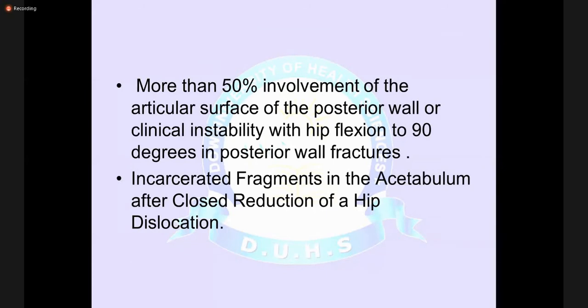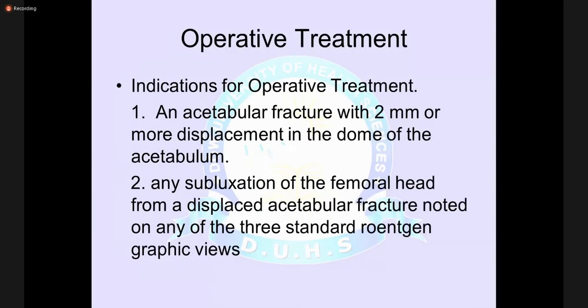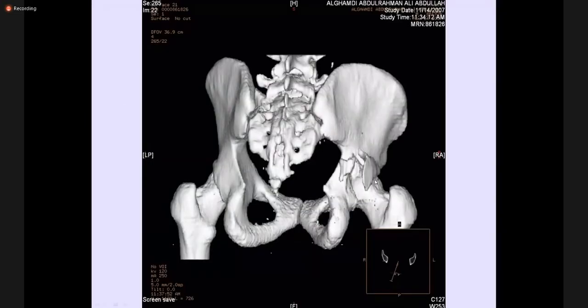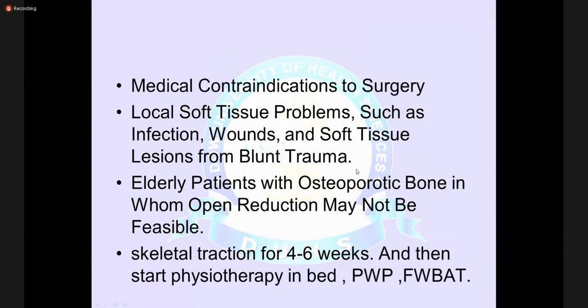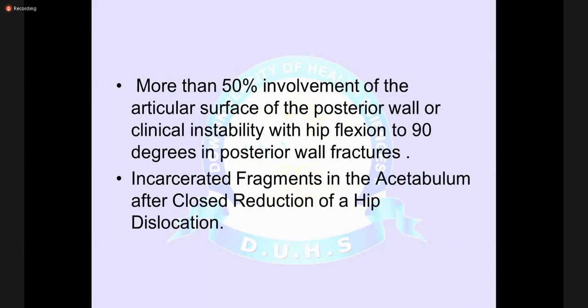If the fracture involves more than 50% of the articular surface of the posterior wall, as visible in this X-ray, this is the posterior wall, this is the fractured posterior wall, then it is an indication for open reduction and internal fixation.